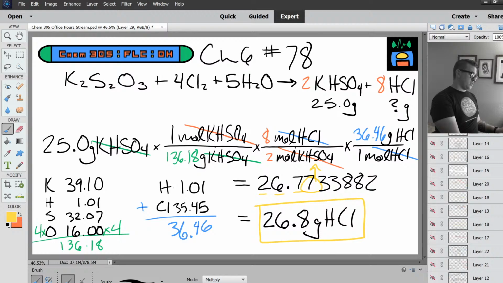If every, and I'm going to put this in parentheses, product of a double displacement is, okay, let's see.